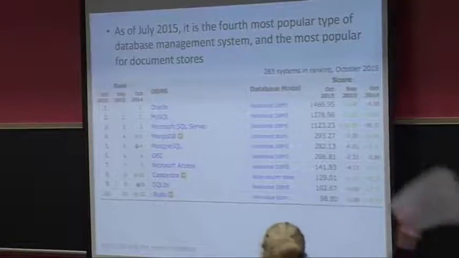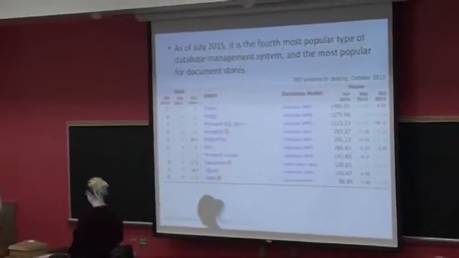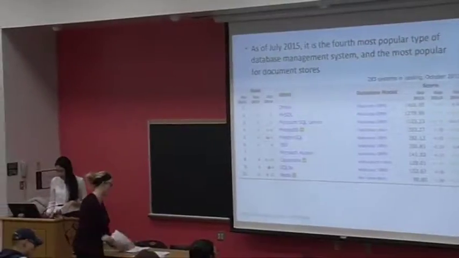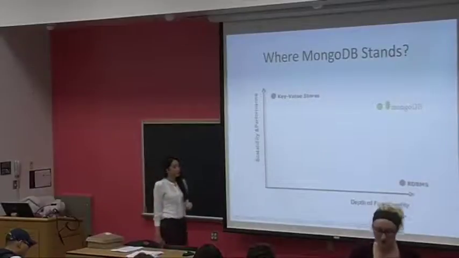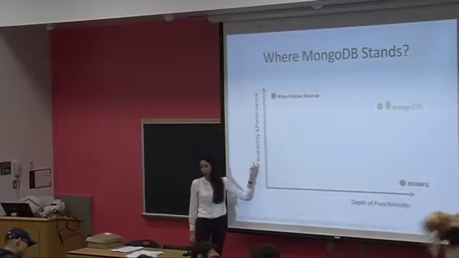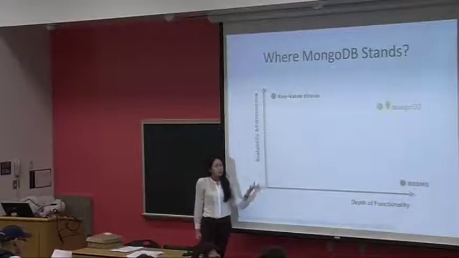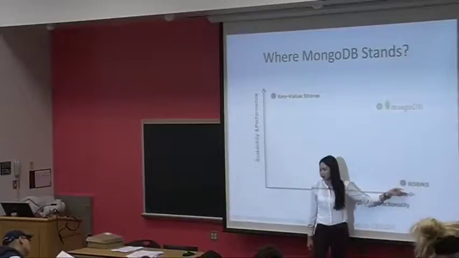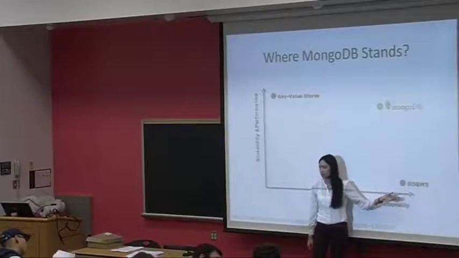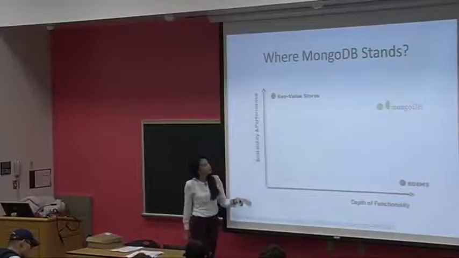So how MongoDB defines itself in terms of functionality and scalability is right here. You can see relational databases, even though they are not so scalable, like we said before, they are not meant for storing huge amounts of data, the depth of functionality is strong. Remember when we were learning querying data and everything, it's well developed. So our RDBMS is right there.